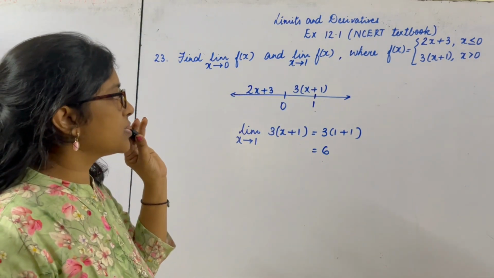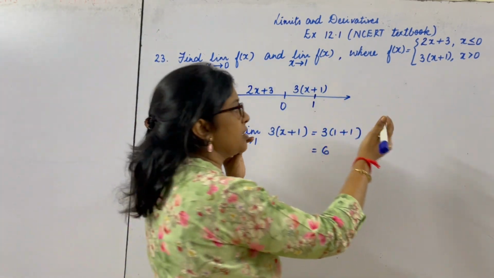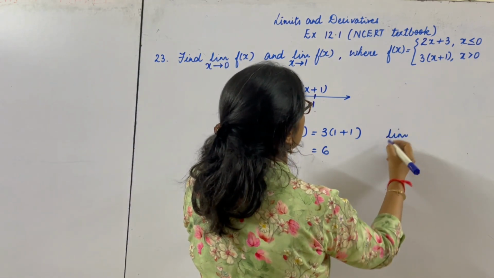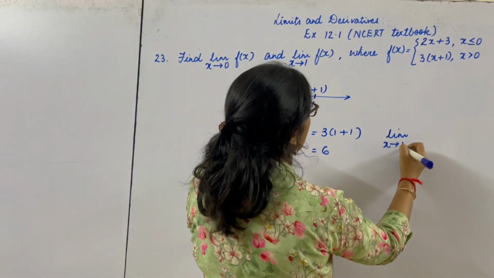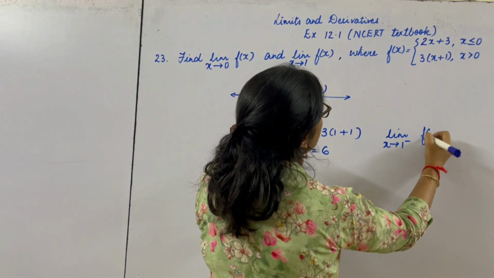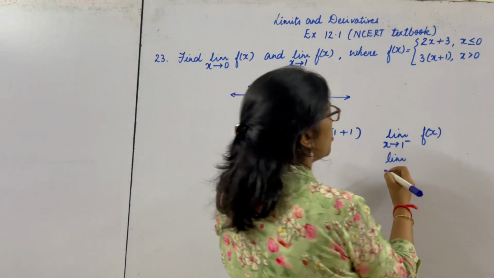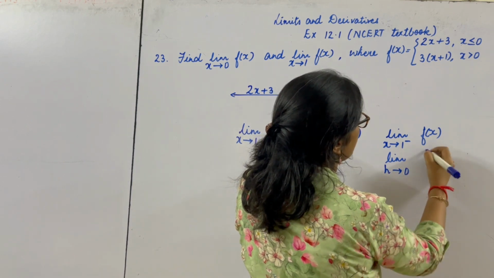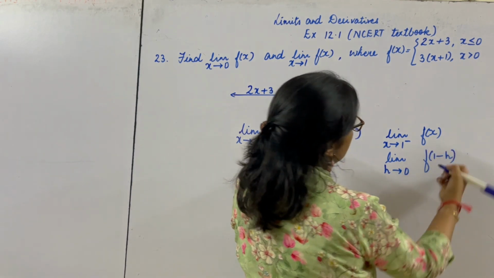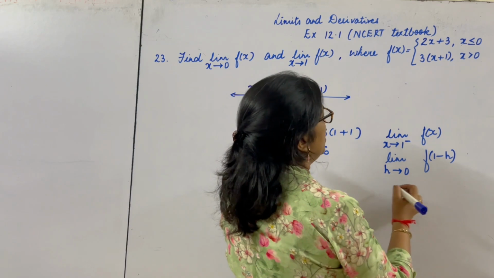You can also do the same by taking LHL and RHL as we have done earlier. In that case, you would have to take x tends to 1 minus of f(x). And now here, because it is 1 minus, we have to take values smaller than 1. So the function will be at 1 minus h for the left-hand limit.